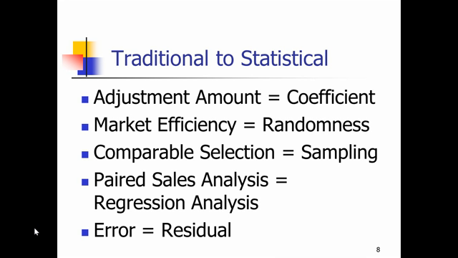Appraisers do paired sales analysis, and statisticians typically do their very similar analysis with regression analysis. Appraisers call an error the difference between what something is and what we predict, and in statistics they call it a residual. So there's a tremendous amount of overlap already between what appraisers do in comparison and what statisticians do.